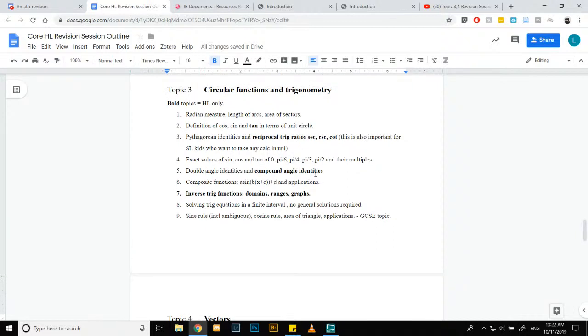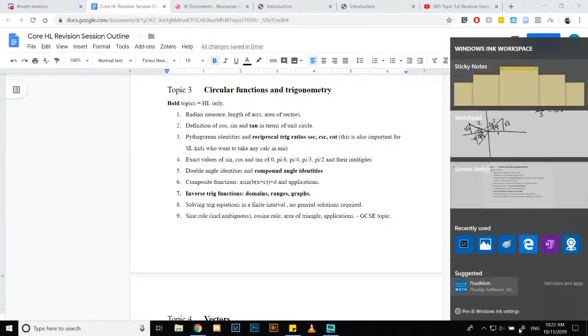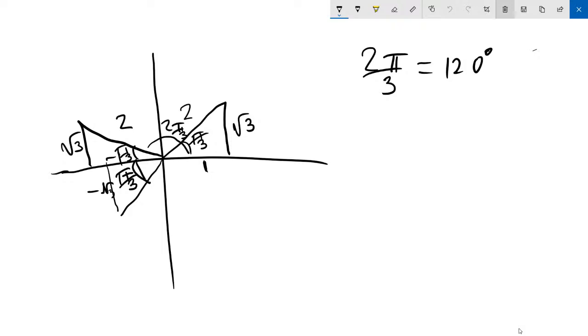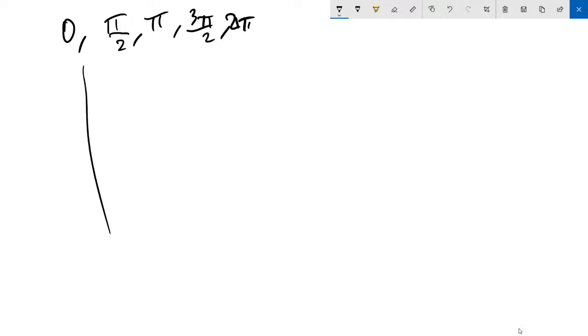So yeah, that's how you would think about their multiples. I like to think there's another way to think about the values of 0, pi over 2, pi, 3 pi over 2, and 2 pi, and that is to think about the graphs of these functions. So when I think about sine, I know the period of sine is 2 pi.